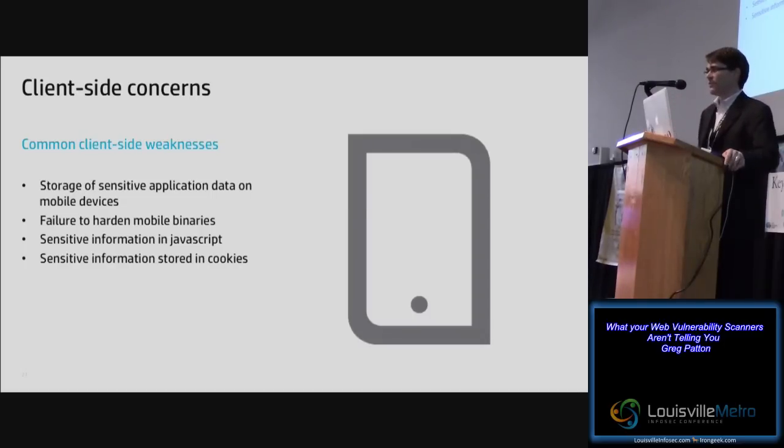Can it be stored on a web server or some other back-end server that I have more control over, versus sending it to somebody's mobile device? And if the answer to that is no, that there is a real reason that information needs to be stored on the mobile device itself, then obviously the developers take additional precautions to encrypt that data and not just store it in clear text.